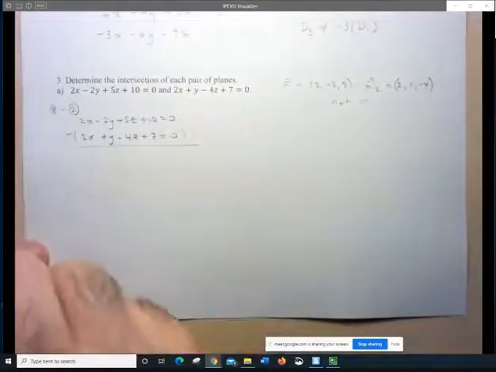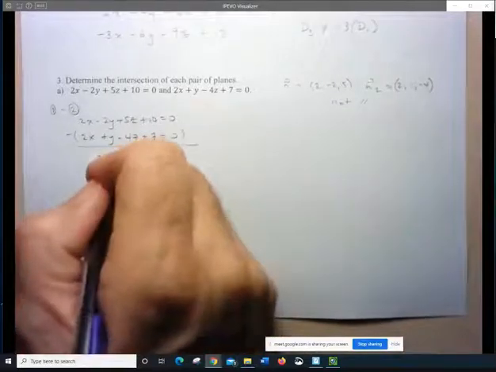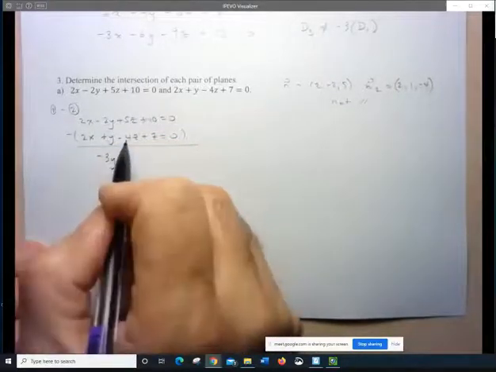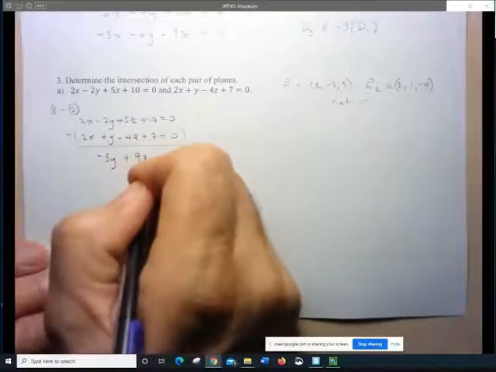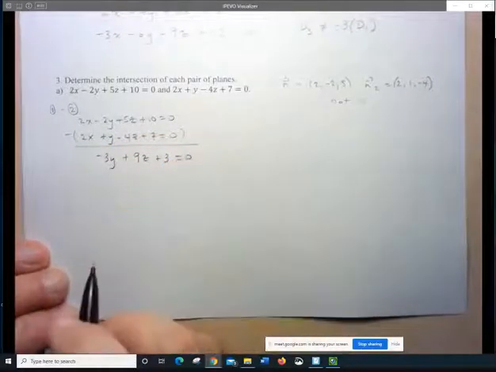As people suggested, the x's cancel out. So what do we have? Negative 2 minus 1, negative 3y, 5 plus 4, so plus 9z, 10 minus 7 plus 3 equals 0.